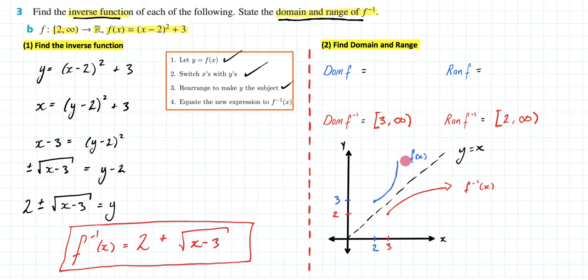So the domain of f will be 2 to infinity, and we're actually told that here. And my range will be 3 to infinity. And as you can see, my domain of f is the same as the range of the inverse, and my range of f is the same as the domain of the inverse.